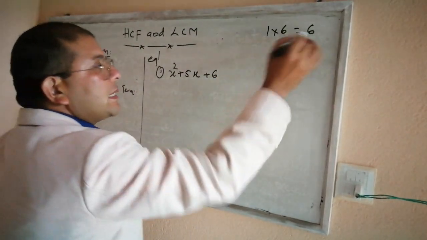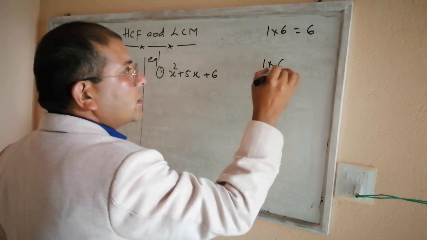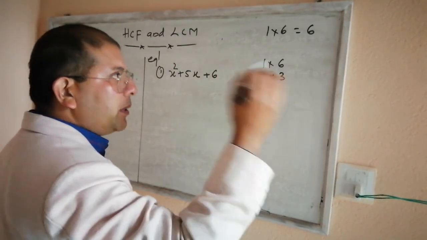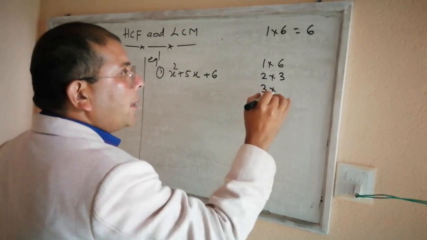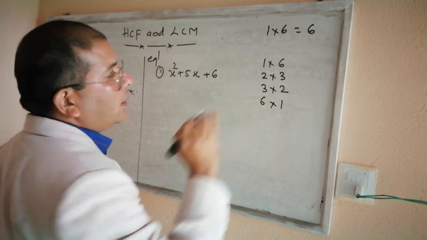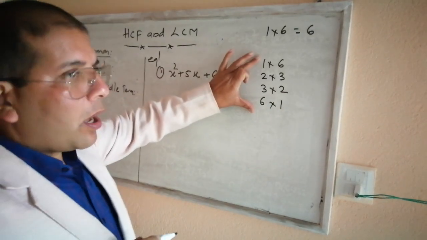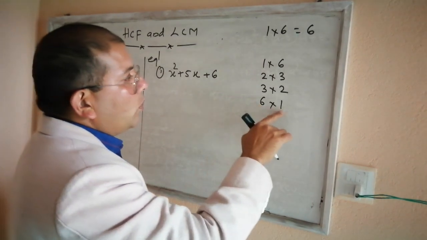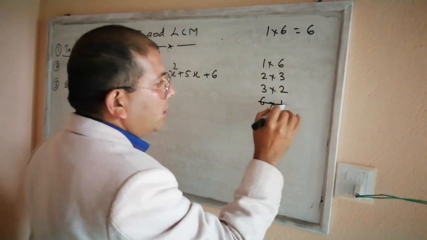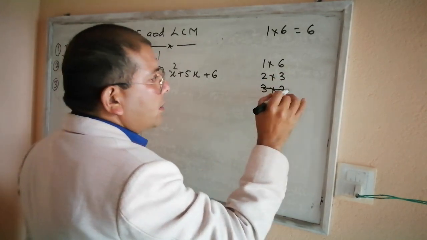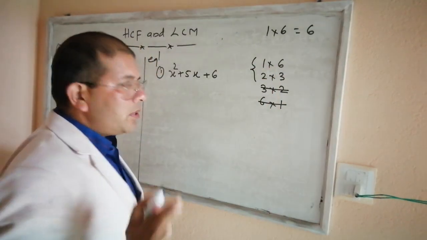Now take the factor pairs of 6. 6 is 1 into 6. The next one is 2 into 3. After this, 3 into 2. The last one is 6 into 1. You have 4 options. Out of these 4 options, 1 and 6 and 6 and 1 are repeated, so cancel. This also is repeated here, cancel. You have only 2 options.